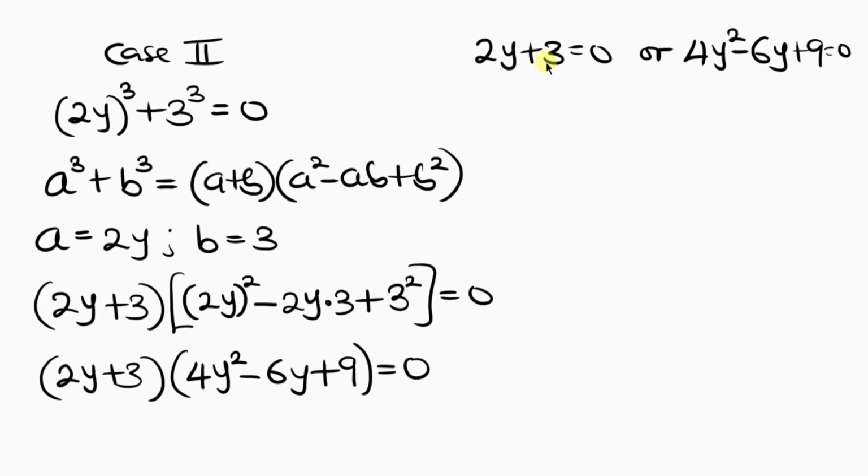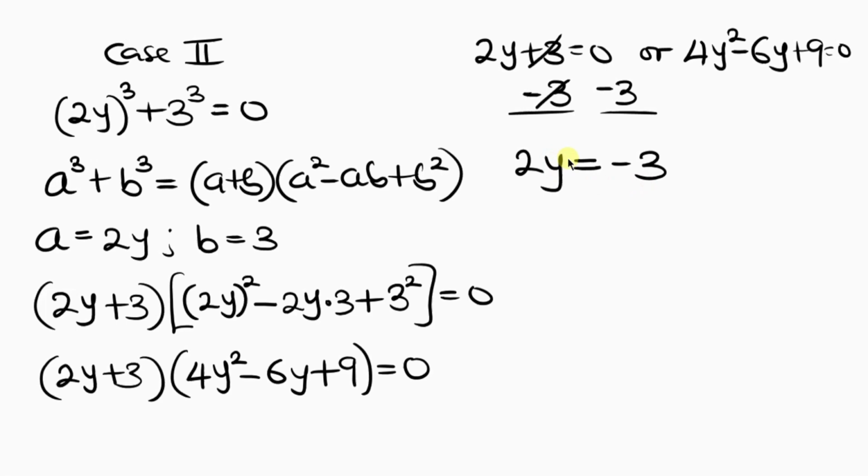I'm going to be moving 3 to the right hand side, and in order to do that, I'll be subtracting 3 from both sides. Notice that from the left, plus 3 minus 3 cancels out, leaving behind 2y equal to, on the right, 0 minus 3, which is minus 3.